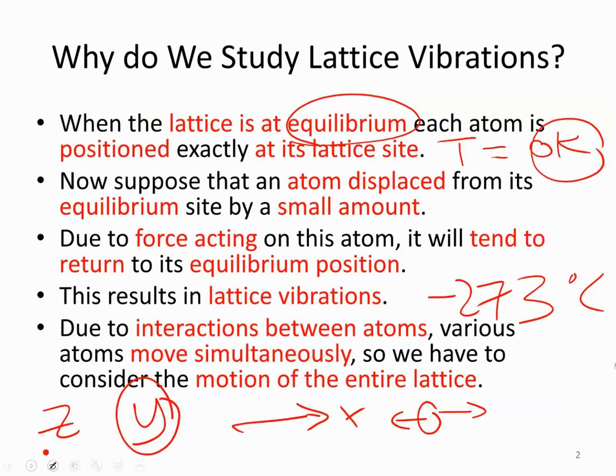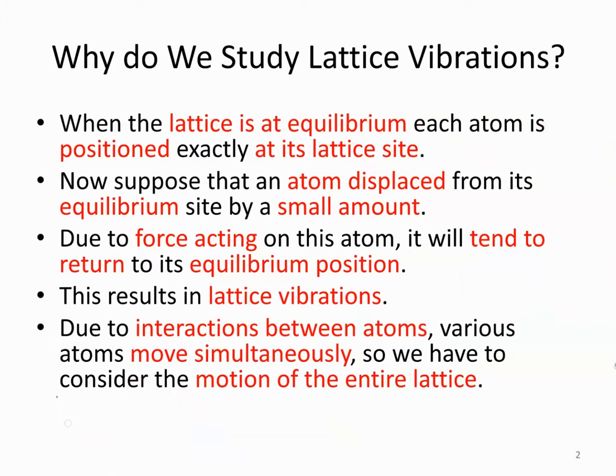So when the atom vibrates, the atom will displace. Let's say vibrating in the X direction, it will displace to positive X, negative X, positive X, negative X. Right? So it will vibrate from its equilibrium position, from the initial position, by a small amount.